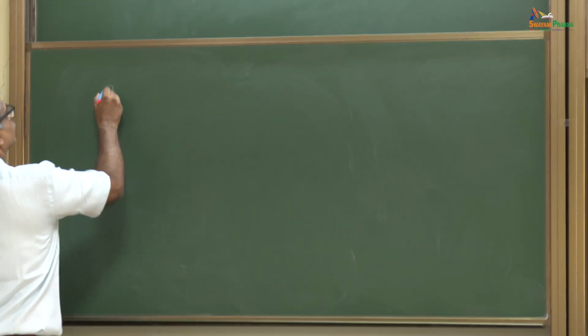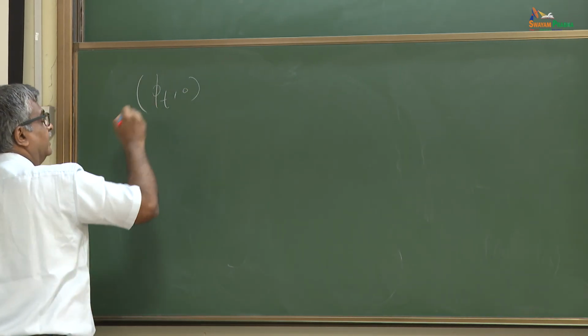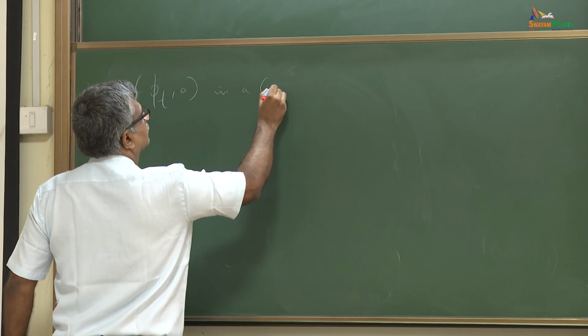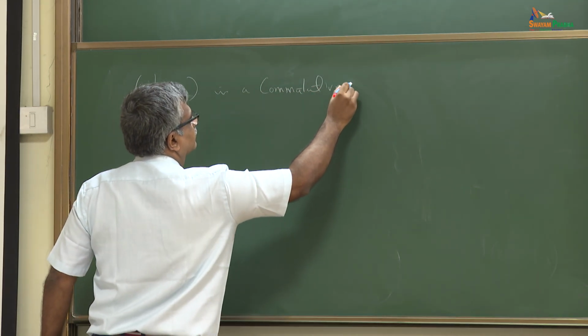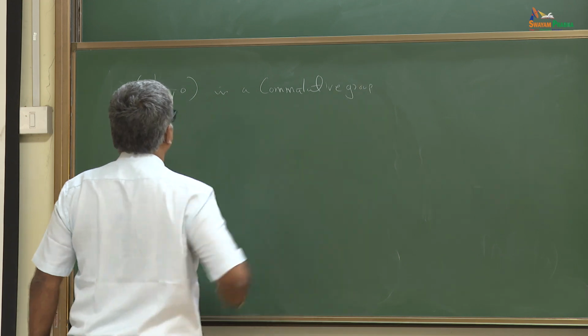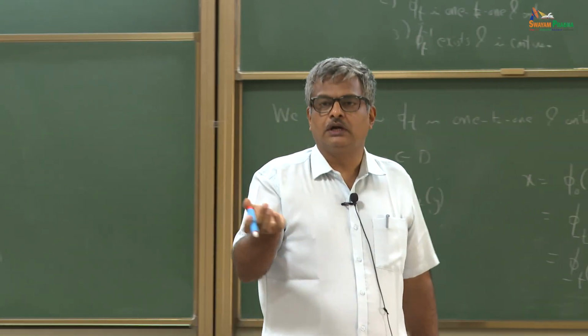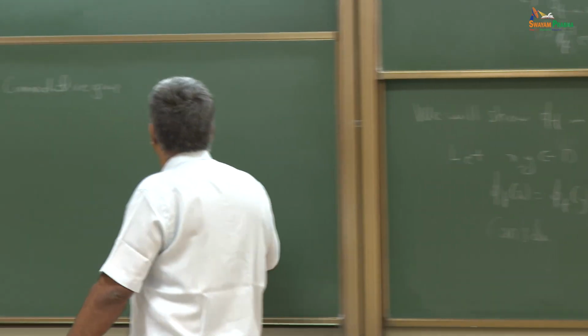So we are going to show that phi t under the composition operation is a commutative group. Well, composition of flows will give another flow. Because what is it doing?